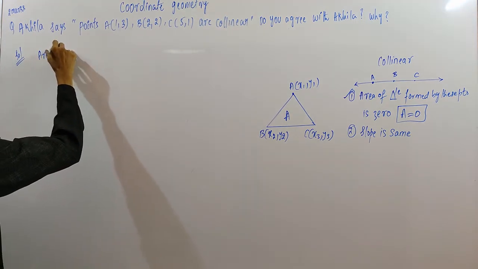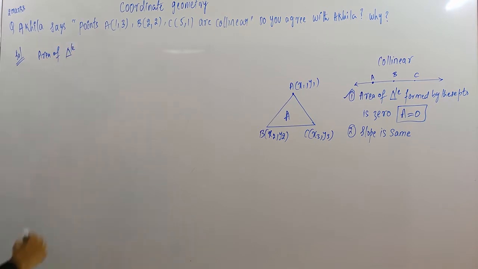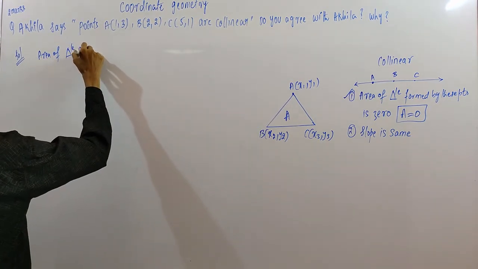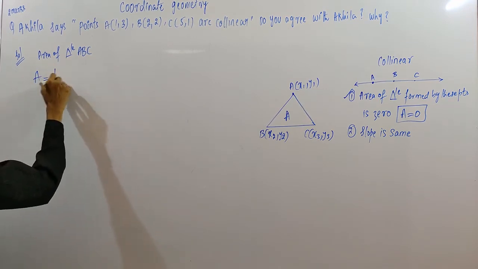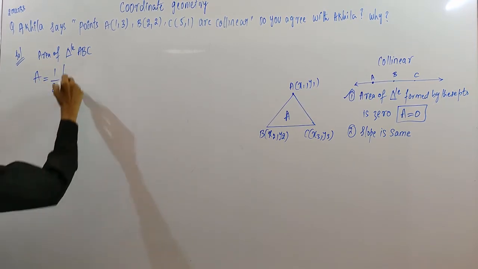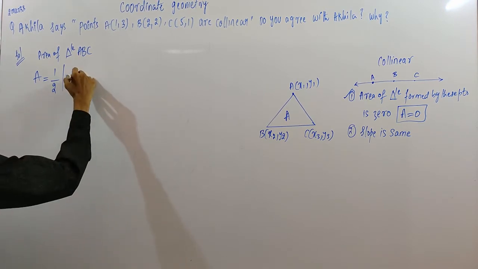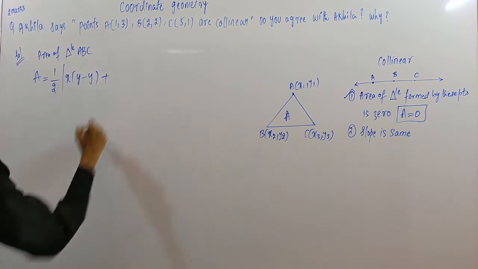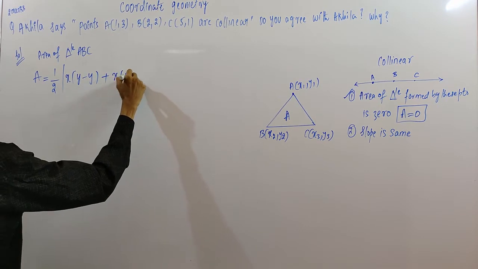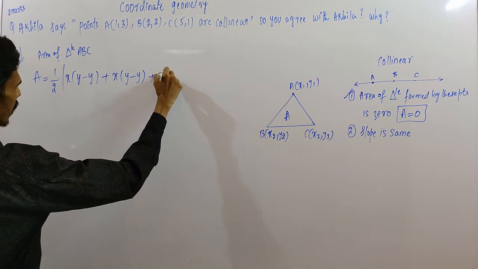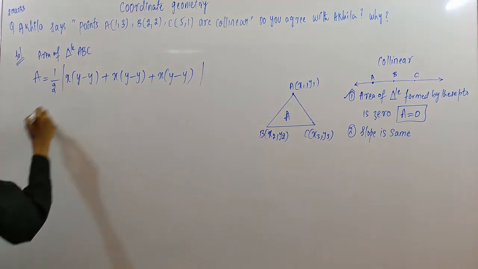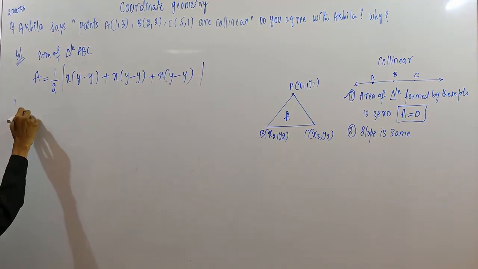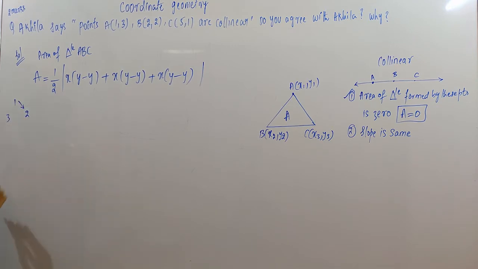Area of triangle ABC is equal to 1/2 mod of x into y minus y plus x into y minus y plus x into y minus y. We have 1, 2, 3: 1 to 2, 2 to 3 and 3 to 1.